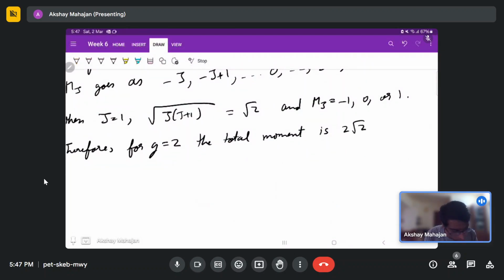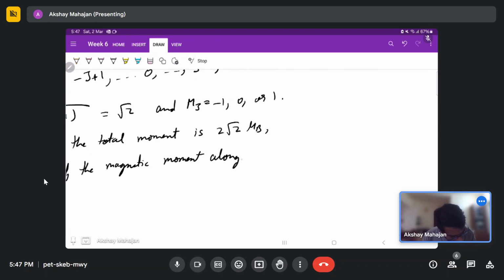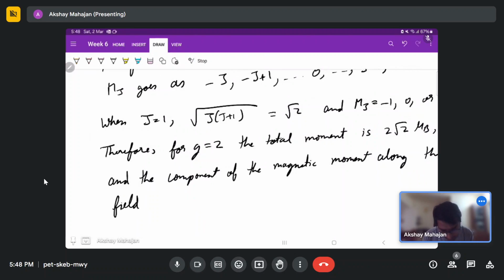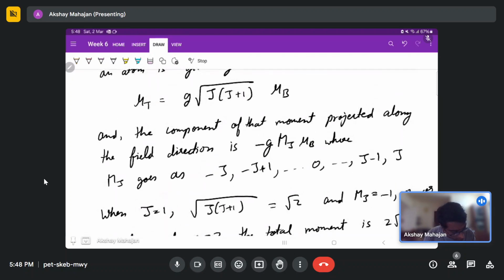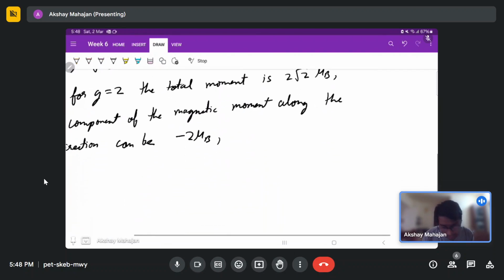So the total moment is going to be 2 root 2 times mu B. And the component of the magnetic moment along the field direction can be minus 2 mu B, because it is given by minus g times MJ times mu B, where g equals 2 and MJ is minus 1, 0, 1. So minus 2 mu B, 0, or 2 mu B.